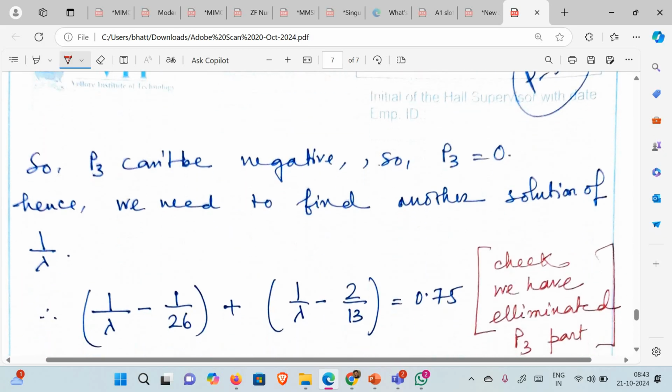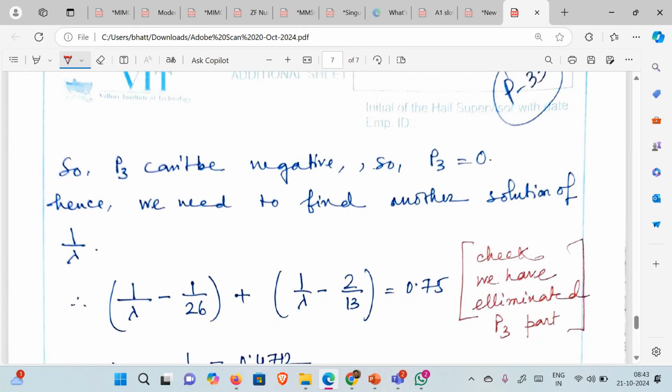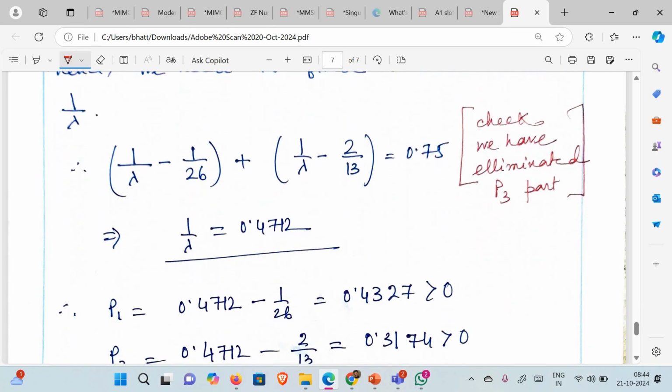We take the approximation P3 equal to 0. Whenever it comes as negative, you consider that to be a 0 power allotment. But as P3 is now 0, we don't have P1, P2 plus P3, because P3 is 0. So we are rewriting the equation once again with only P1 plus P2.